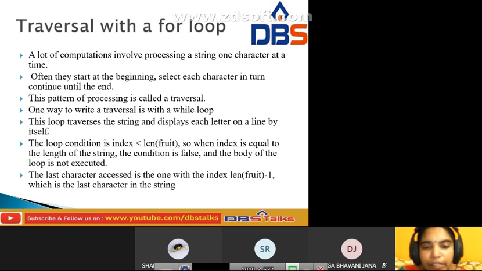The last character accessed is the one with the index length of fruit minus 1. To access the last character, we use length minus 1. That is the last character in the string.